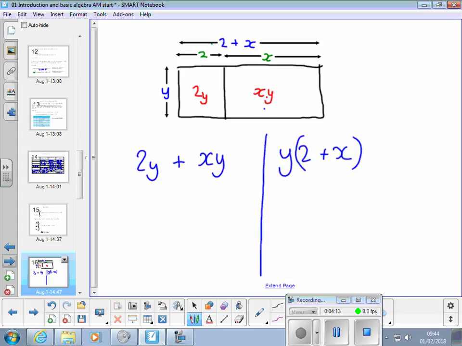Now, I'm going to start on the right hand side. If I multiply out those brackets, what do I get? What'd you say, Lewis? 2y plus xy.